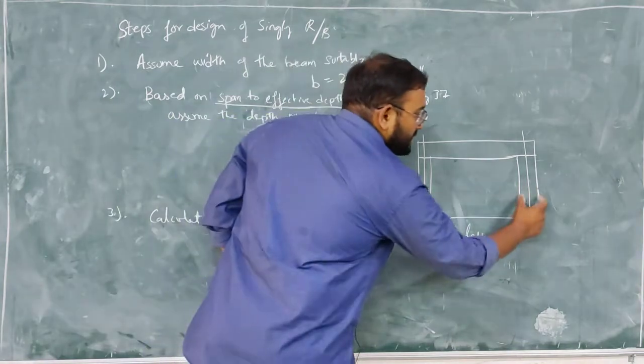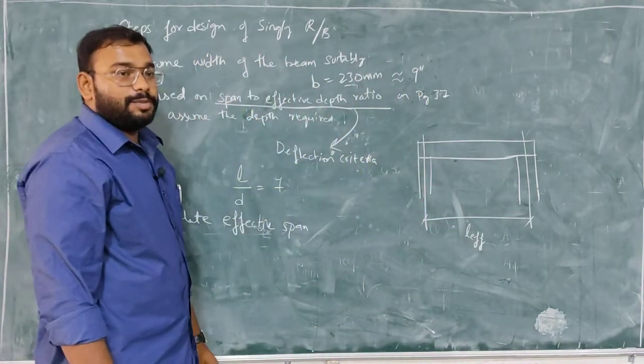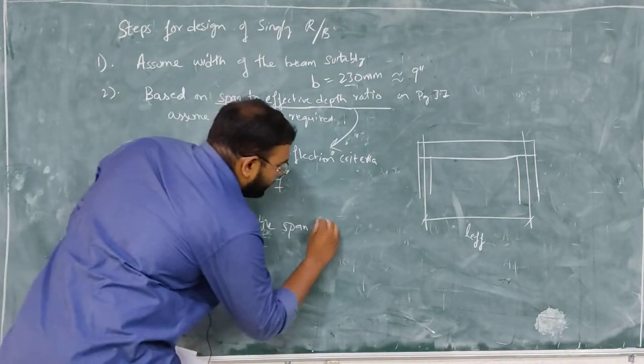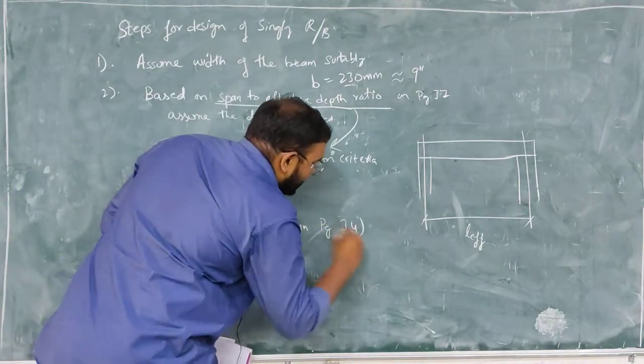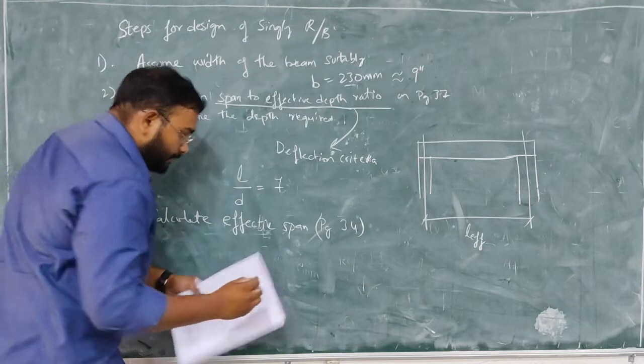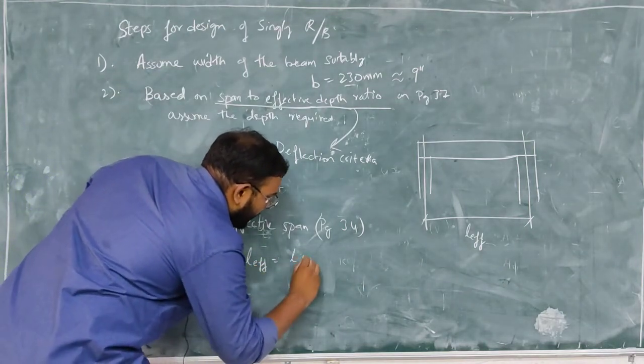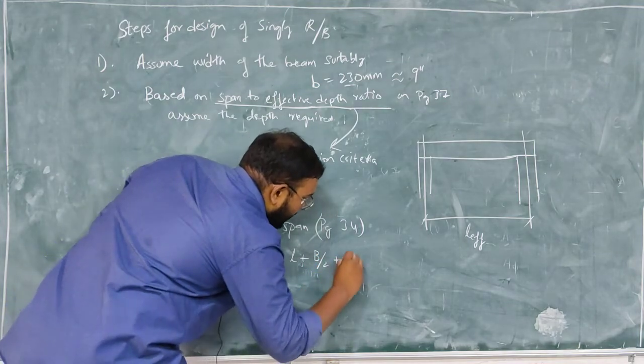Whenever the width of support is given, you need to calculate effective span. This is given on page number 34. For simply supported beams, effective span is equal to L plus B by 2 plus B by 2.